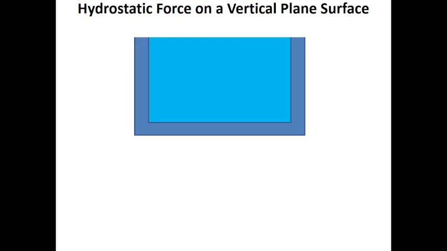If we have this figure, just like in the previous diagram, we have this tank, and then we have the height of the liquid, and this is our free liquid surface at the top.